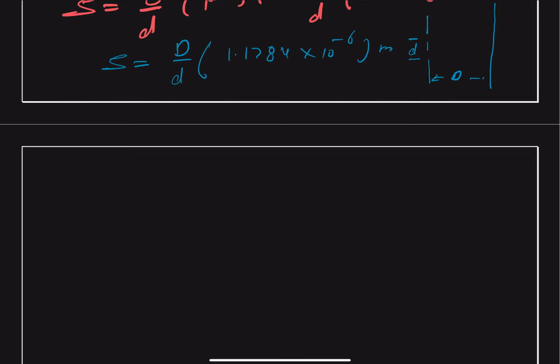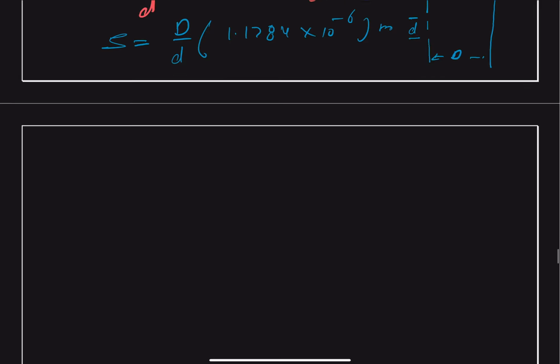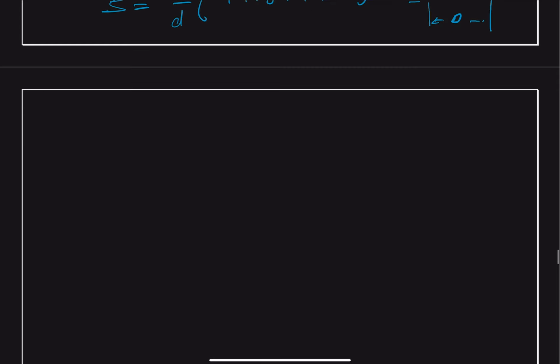We can say the new distance, let us suppose that is our D prime, will be equal to twice D. So in the second case, this distance is now doubled, and let us suppose that is given as D prime.